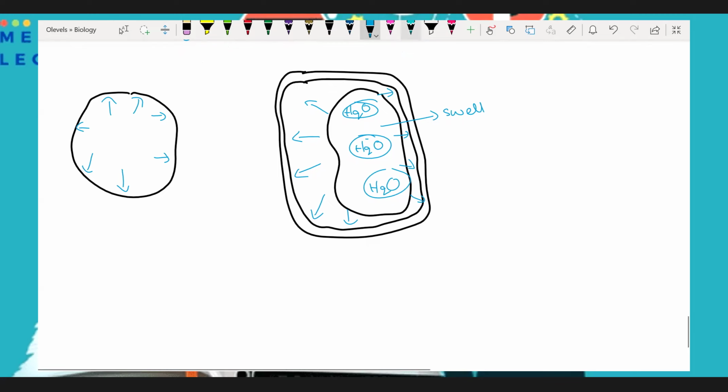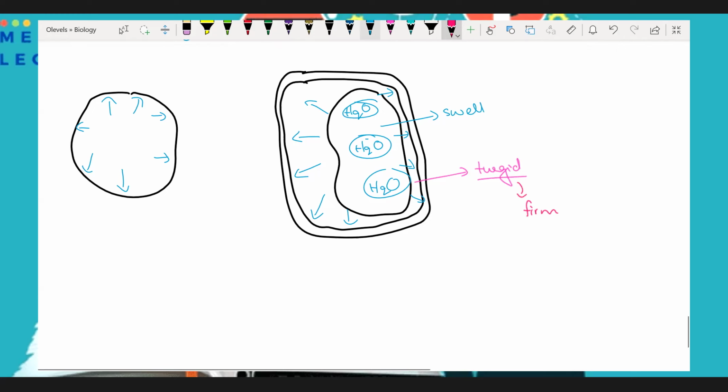And we can say that this plant cell has become turgid. What is turgid? Turgid actually means to become firm, right? Now the cell wall, we know the cell wall is there for extra protection.